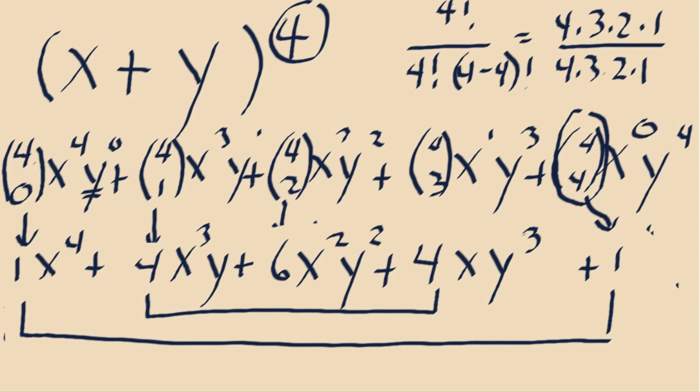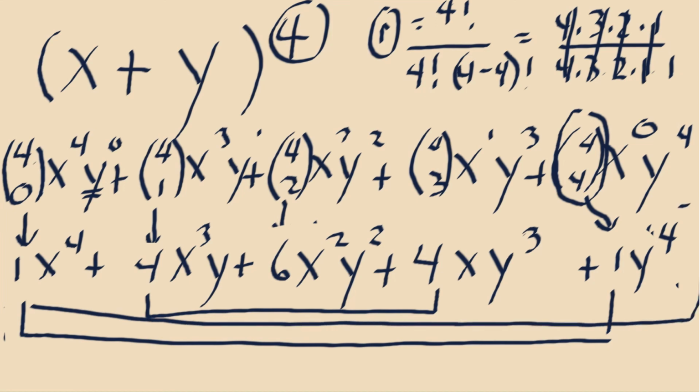Now the 4 minus 4 is a 0 factorial, which is also 1. So we know that this will be reduced to just 1. Okay. So our last coefficient will be 1, x to the 0 is 1, and then y to the 4th. Okay, so that will be the expansion for our x plus y to the 4th.